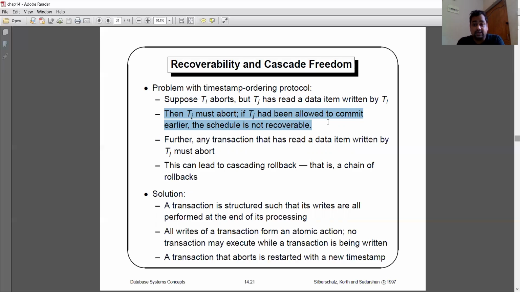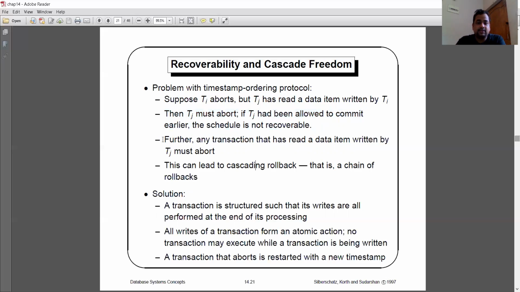Why? That means Ti has to abort, and all the operations associated with Ti have to abort. So the data items written by Ti cannot be used by other processes. Hence, Tj should abort.